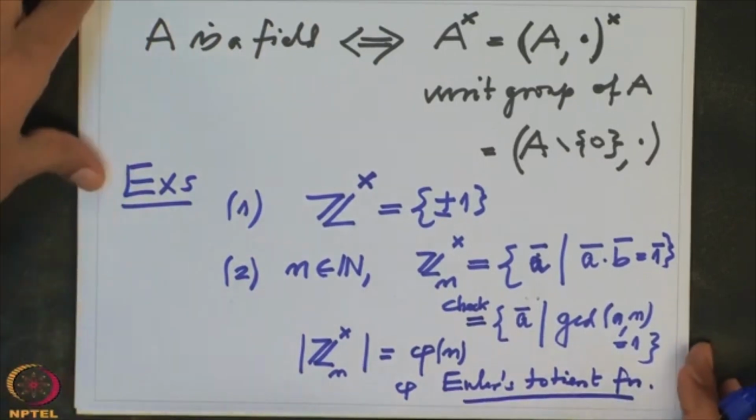Okay, so field. To study equations, solving equations over an arbitrary ring is, as I showed you in the last lecture, problematic: when there are elements in the ring which are not invertible with respect to multiplication, they cause a lot of problems because we cannot cancel them easily.